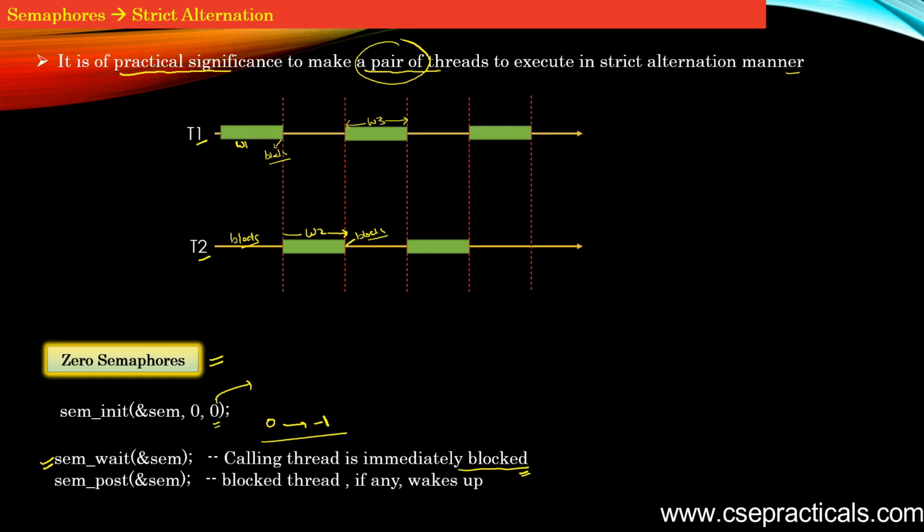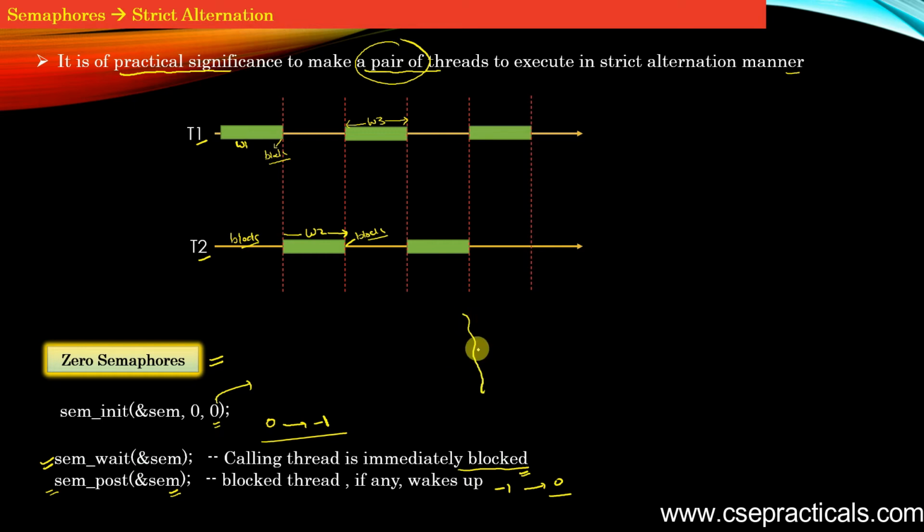On the other hand, when a thread executes the SemPost operation on a zero semaphore, its permit counter value would increase from -1 to 0, and whatever thread was blocked on that semaphore would resume its execution, right? So you can see zero semaphores give us the simplest way to block a thread and signal a thread.